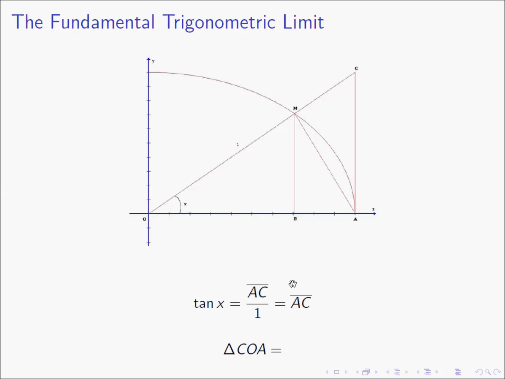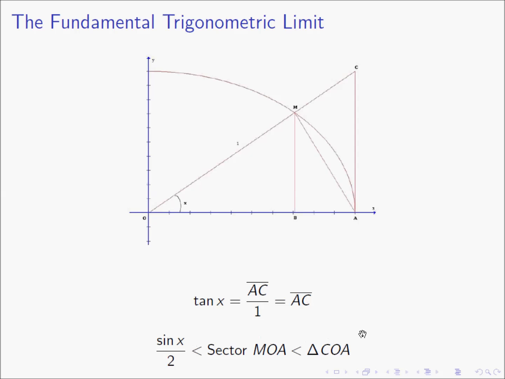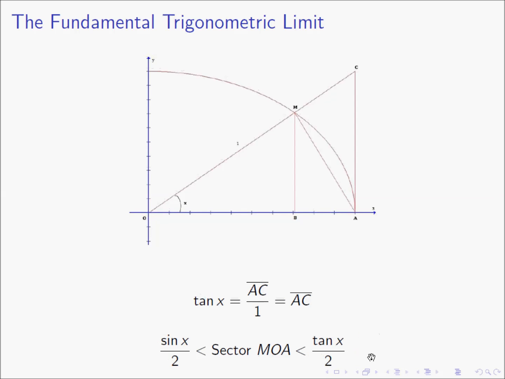The base is 1 and the height is AC. We showed that AC is tangent of x. So we get that the area is tangent of x over 2. Now we can replace here the area of COA by tangent of x over 2. We do that, and we get this inequality.